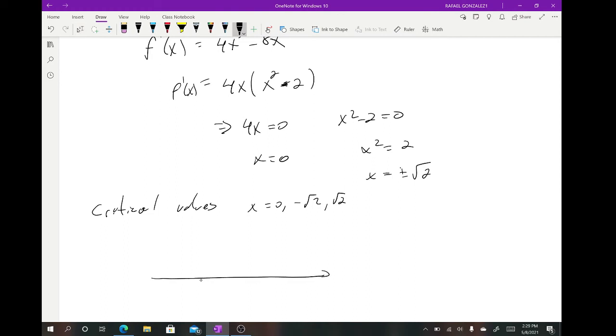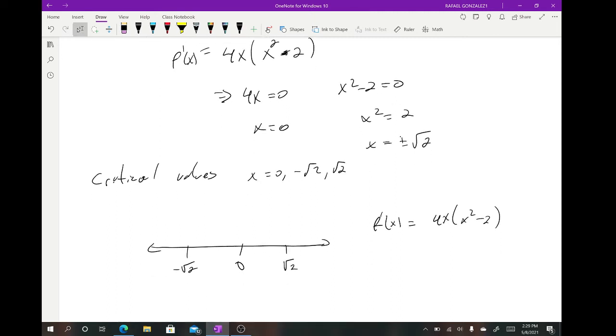I'm gonna honestly start with the first derivative test and see how that goes. So the derivative is f prime equals 4x times x squared minus 2. And now we just need to find values in between these points.